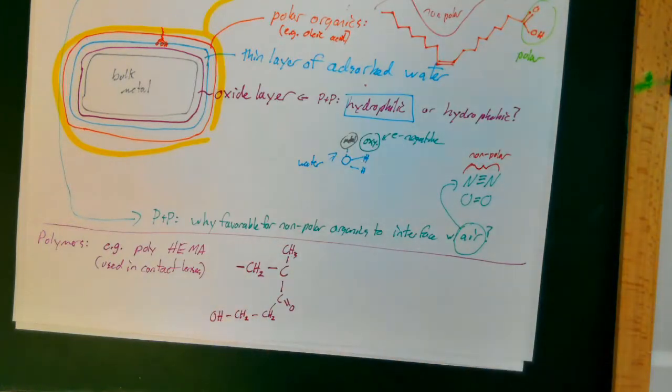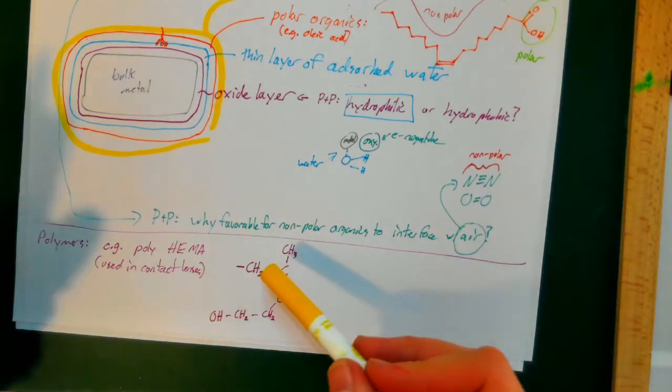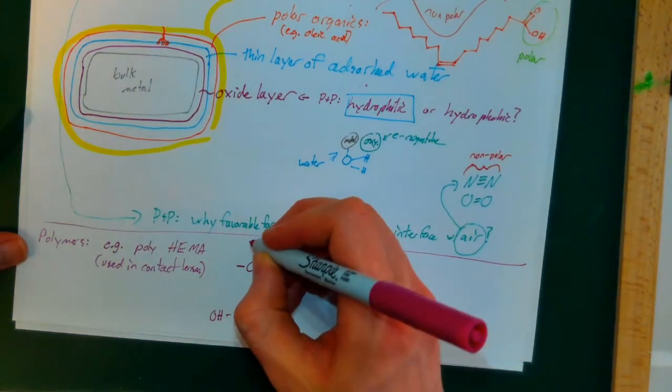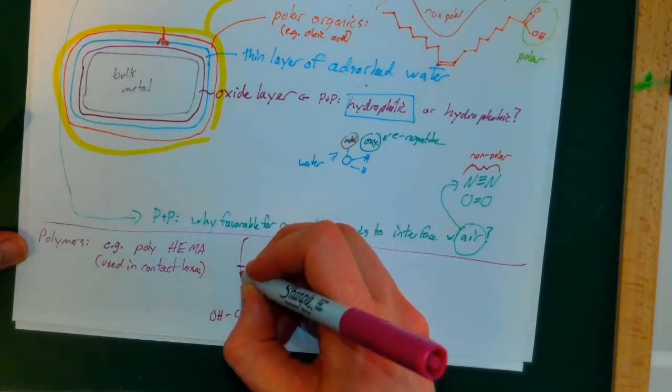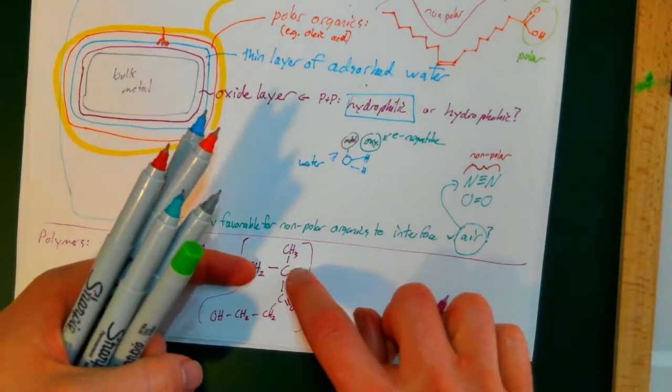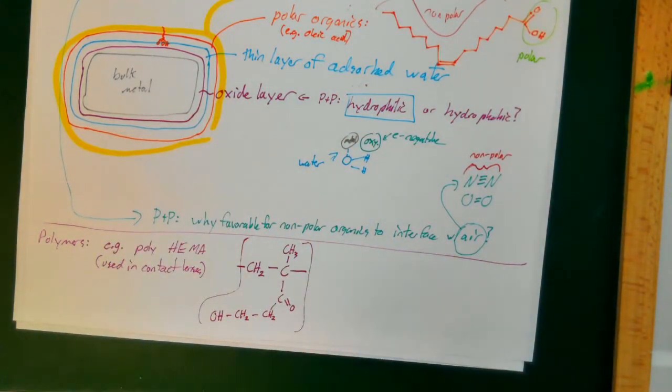So take a moment now, pause and ponder, highlight what parts of this repeat unit are polar. This is the repeat unit right here. It then repeats over and over again. So this is the carbon backbone that makes it up.